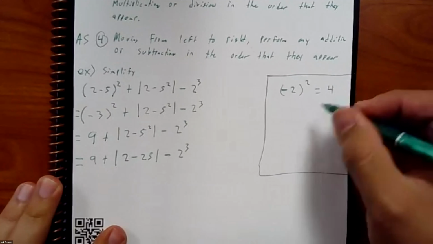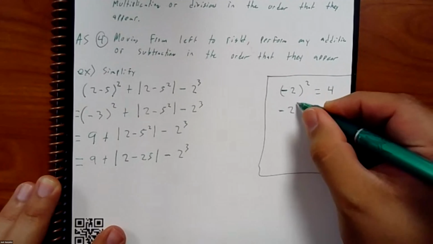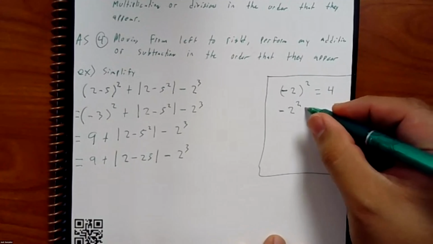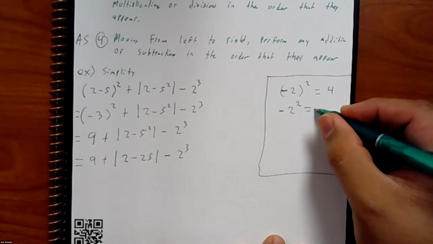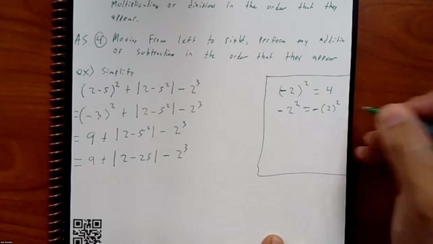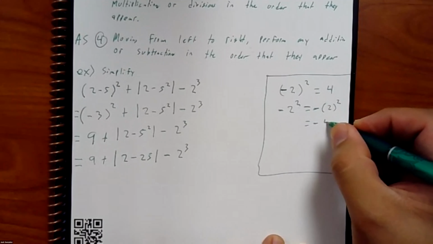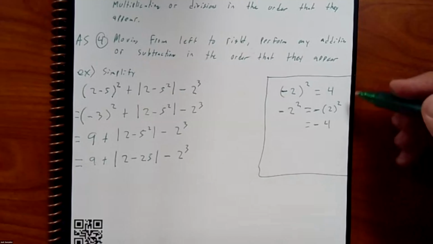But if you see -2 squared written without parentheses, it's not the same thing. What they should write is (-2) squared. So you square it and then apply the minus. You see the difference?